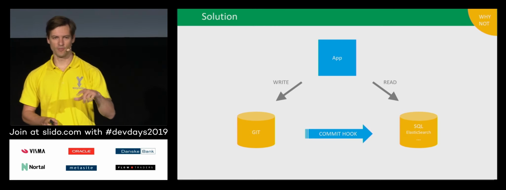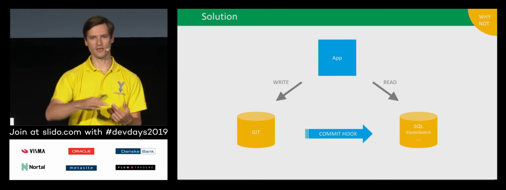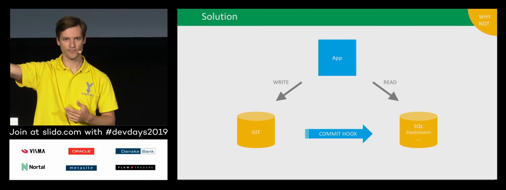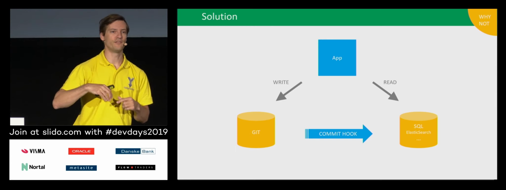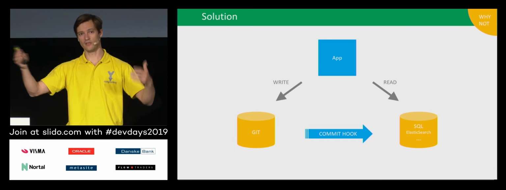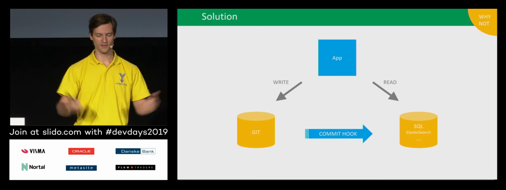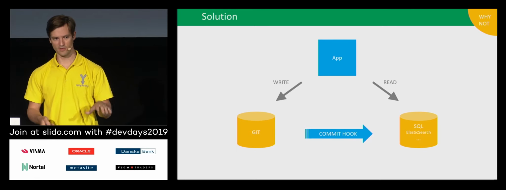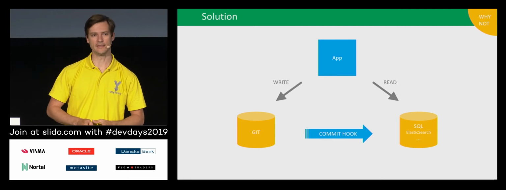Whenever a commit occurs, we kick off a script that does the diff and then indexes those changes. This does mean that you have eventual consistency, and it has all the advantages and disadvantages that eventual consistency brings with it, so you have to take that into account if you implement a solution like this.